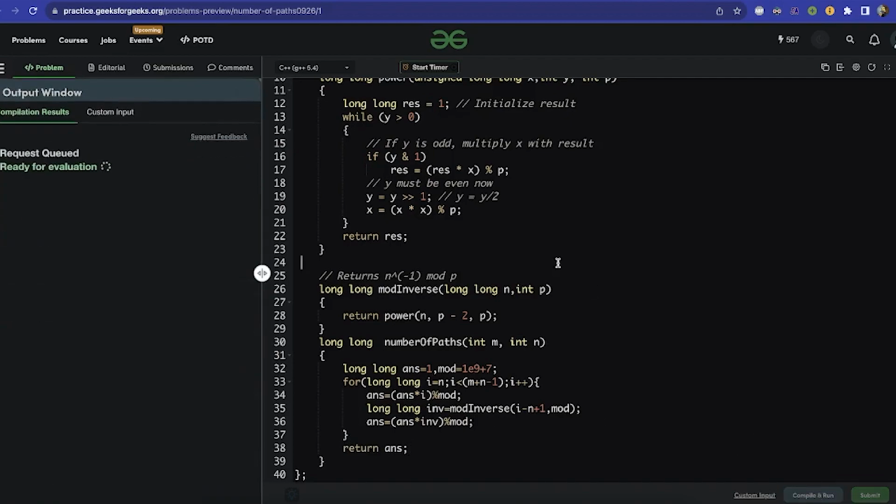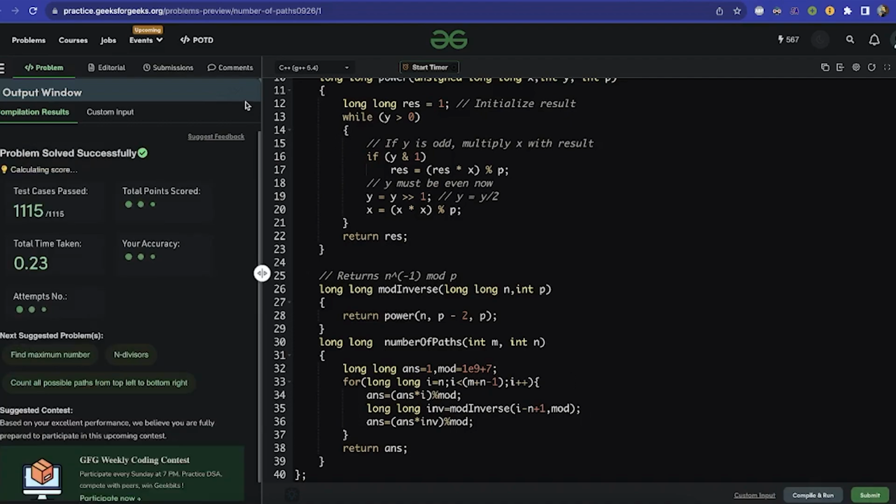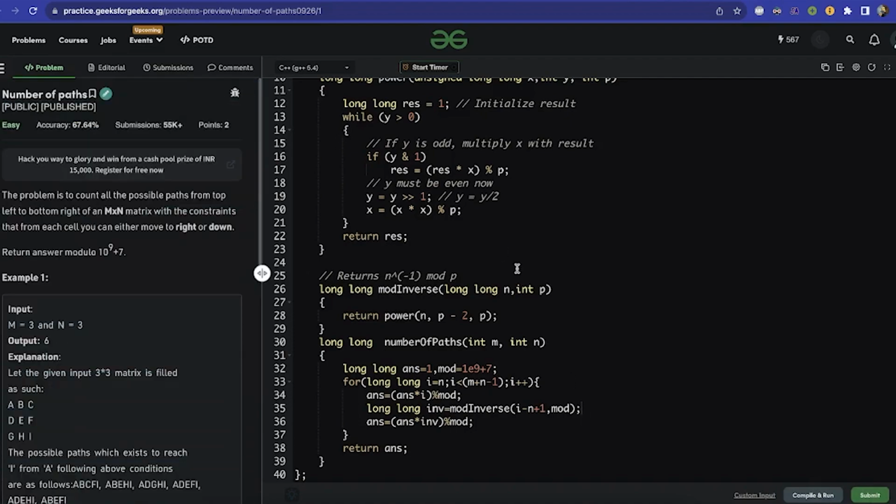Now we just compile and run and see how many errors we are making. Seems like no error is being made. That's it. So basically, a lot of prerequisites were needed to solve this problem.